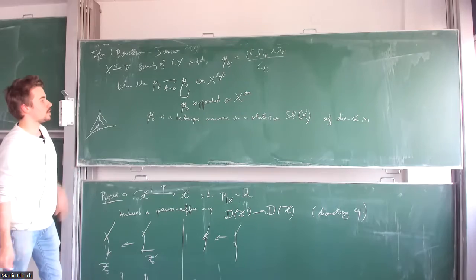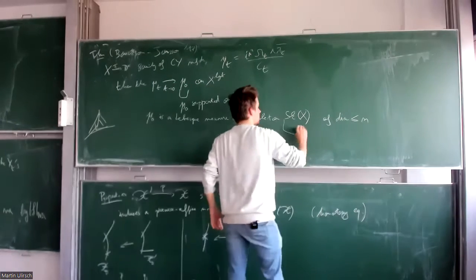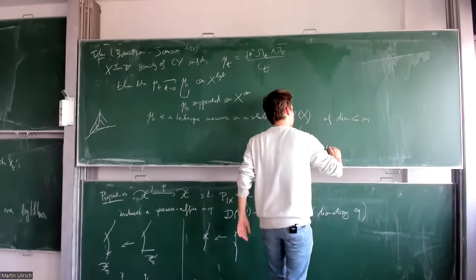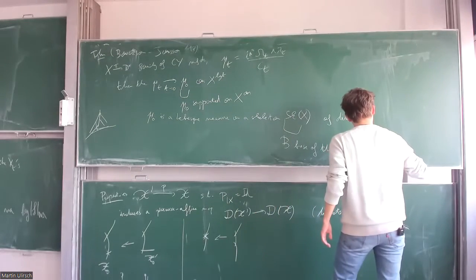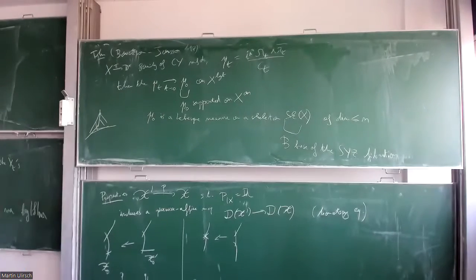And this is in fact the same result. And so then this suggests that this should be the base of the SYZ fibration. And so in a way, this is a piecewise affine object that is very much related to tropical geometry.